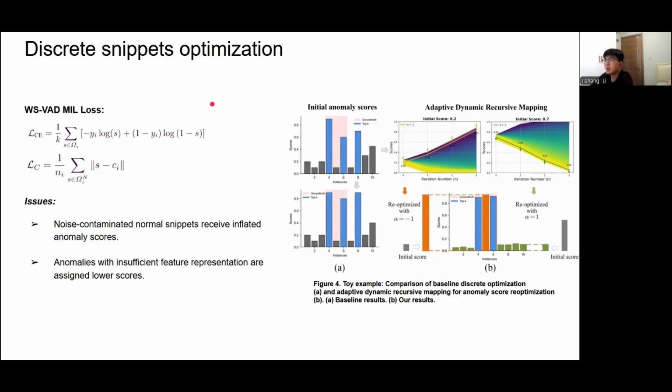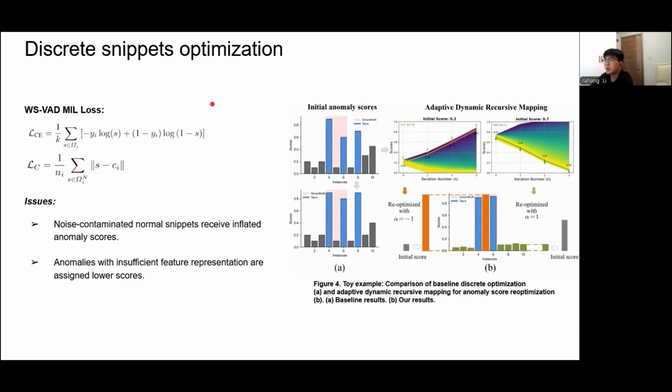To address this, previous methods typically use two types of loss function: a top-K cross entropy loss for abnormal videos and a center loss for normal videos. In this approach, abnormal videos are treated as positive bags, while normal videos are treated as negative bags.